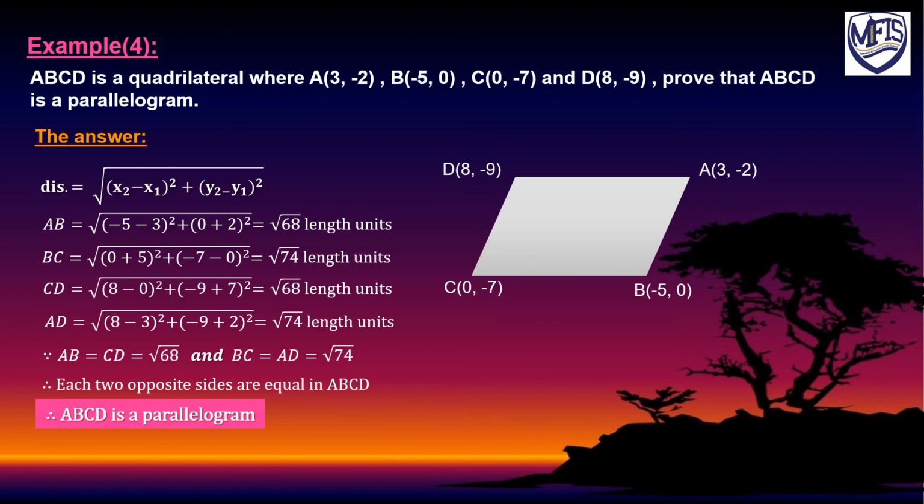And also, we use the distance to determine the type of the triangle according to angles and sides. And also, how to prove any quadrilateral is a parallelogram or not, by using the distance rule and the properties of parallelogram.